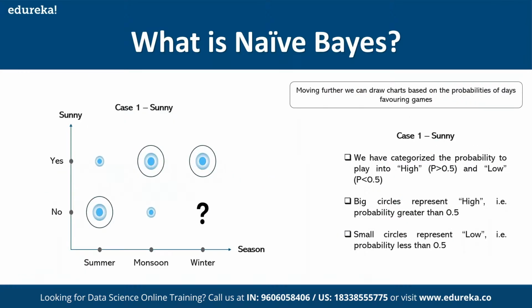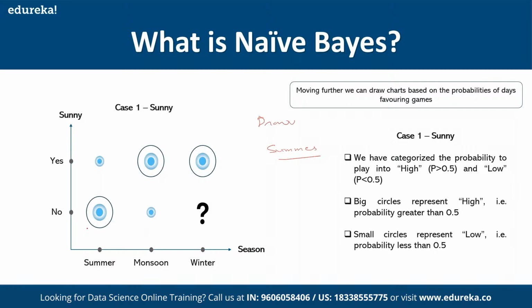Now it is not a linear problem, right? There are a lot of ifs and buts. What are the ifs and buts? Let's understand. Now here, if I draw a probability, suppose it is summer.